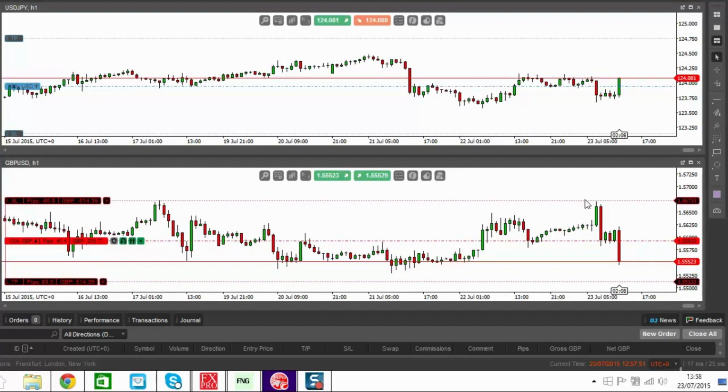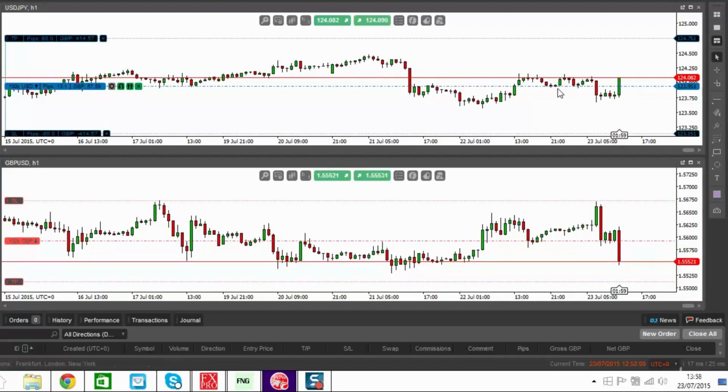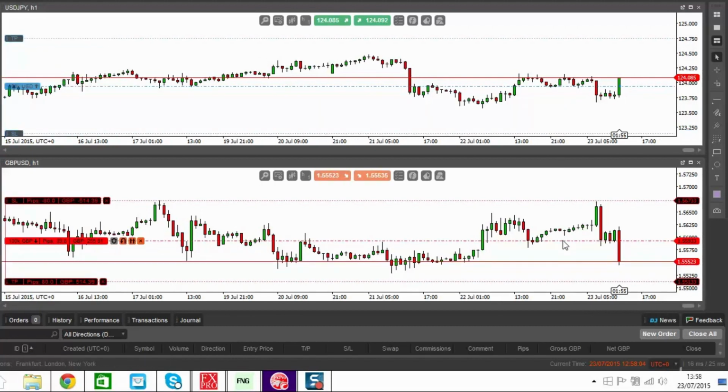So I entered off the back of the news. I got a better entry because I took the pound trade first. Then I went over to the yen, so I got a slightly worse fill on the yen trade. But we are currently up around about 14 pips on dollar yen, and we're up around about 40 pips on the pound dollar. So this will give me the option to move my stop loss to break even.